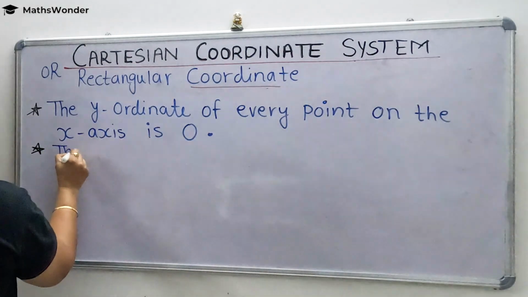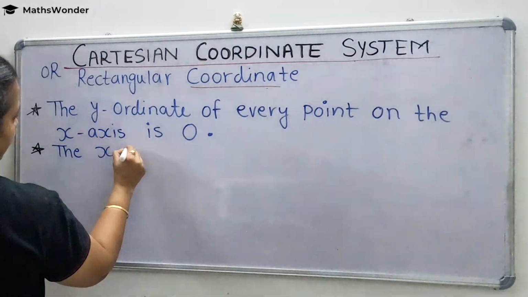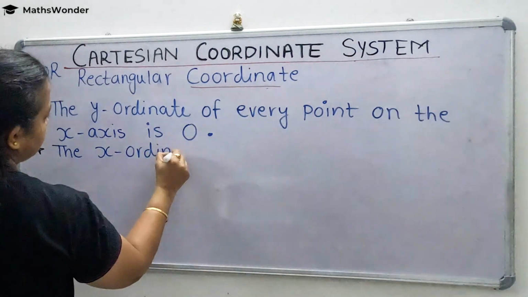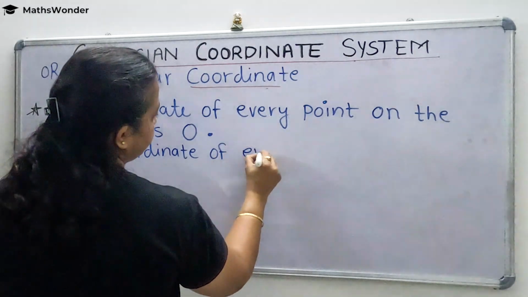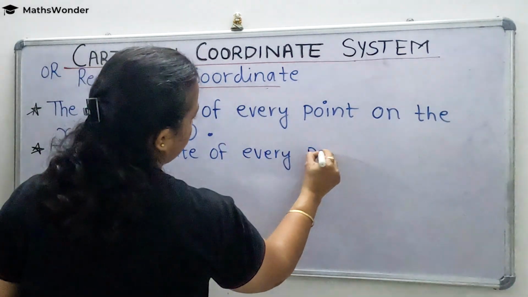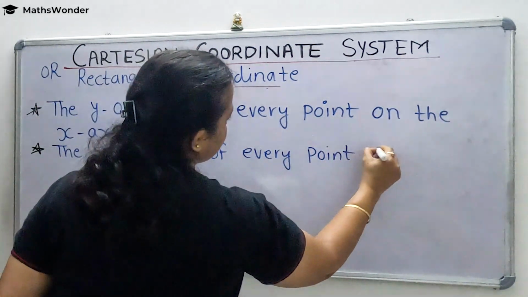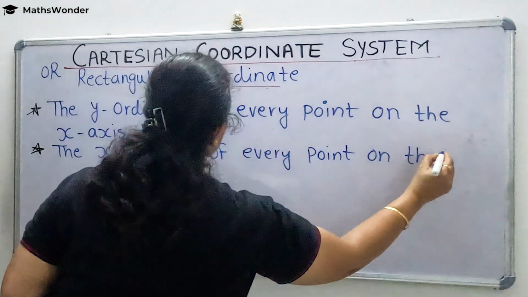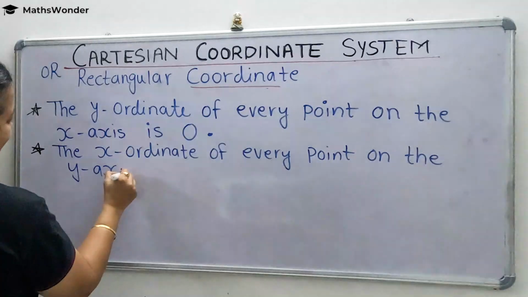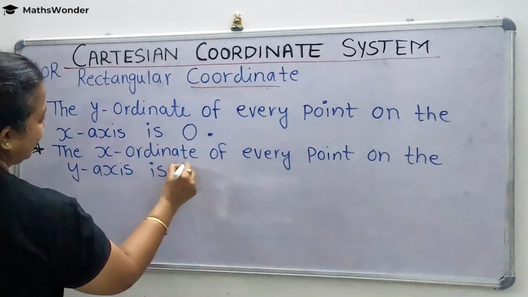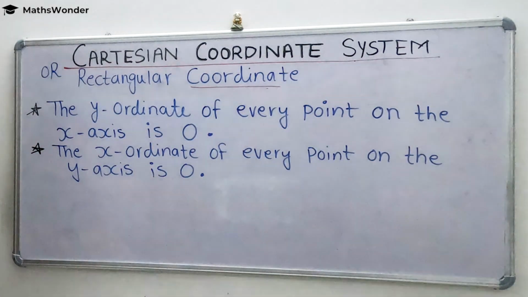Same for the y-axis, the x ordinate of every point on the y-axis is 0. So we did it in the example. Remember 5, comma 0. So 0 is same for the y ordinate or the x ordinate.